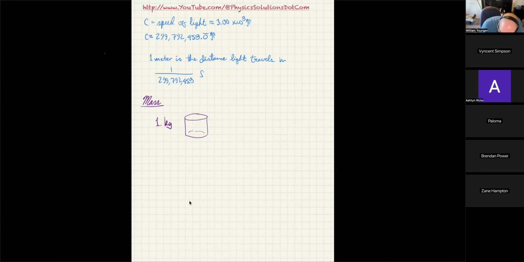And we'll say specifically it has a radius R and a height H. Okay. And we define this platinum iridium cylinder to have a mass exactly equal to 1 kilogram.